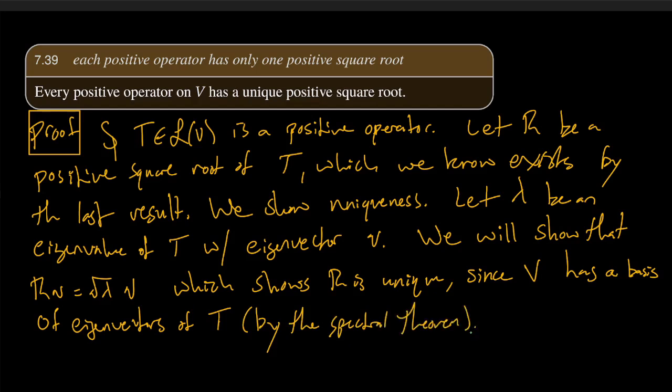Okay, so the idea is basically saying, hey, look, since T is self-adjoint and since T is positive, then we know that there is a positive square root.